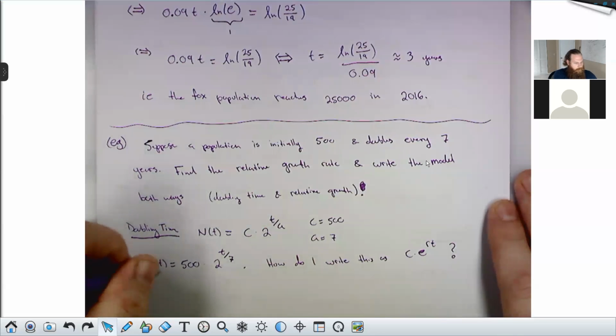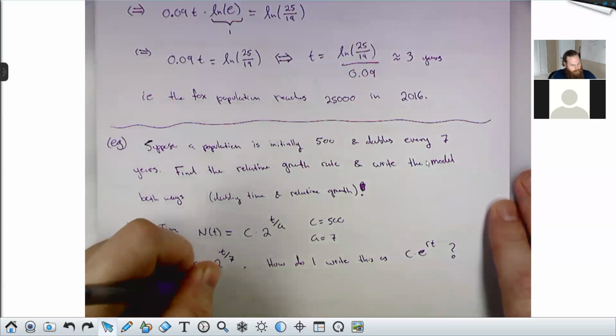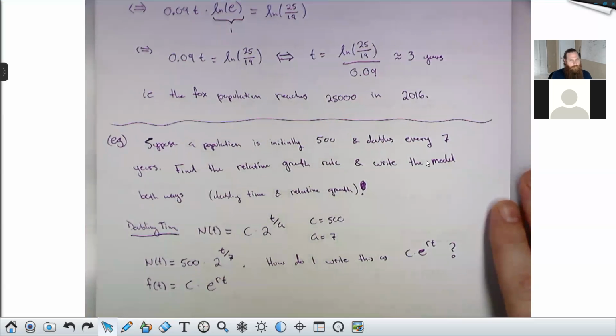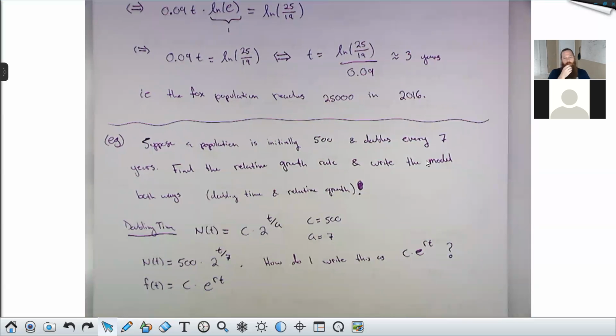Let me call this one N of T, and the other one I'll call F of T. That way we have different labels for each, and we can play with them. Do I know what C would have to be here? It would again have to be 500.